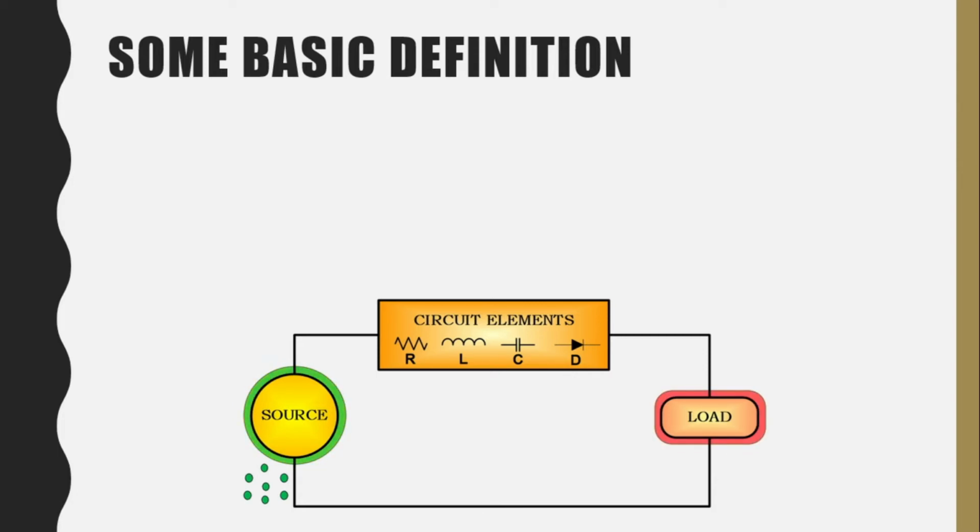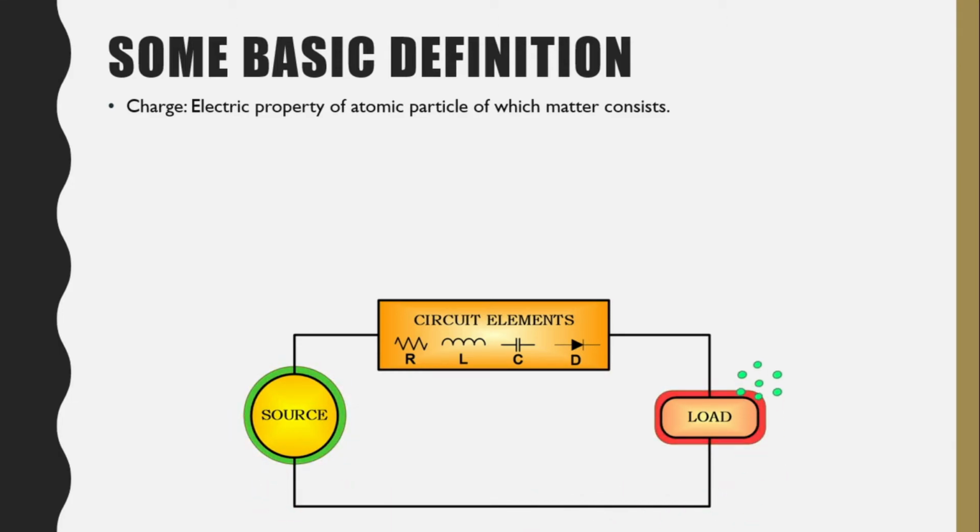That electron has a charge of 1.6 times 10 raised to minus 19 coulomb, and this charge is the electrical property of an atomic particle of which matter consists. So these electrons gain drift and as a result they try to move from source to load and back to source.